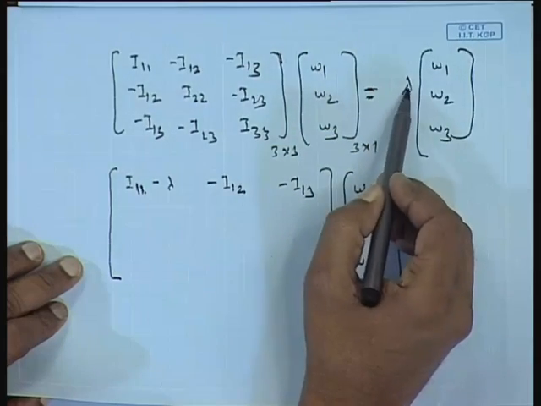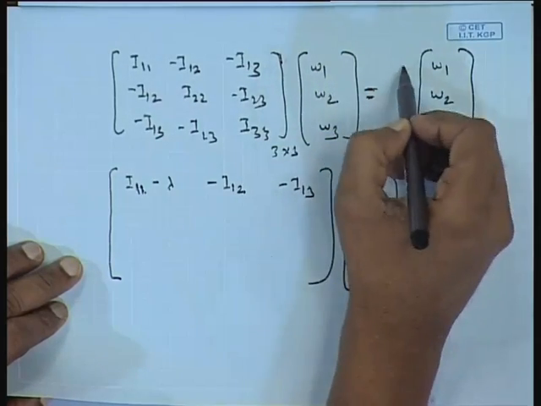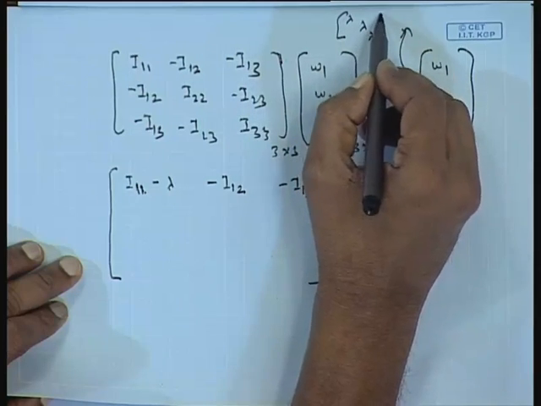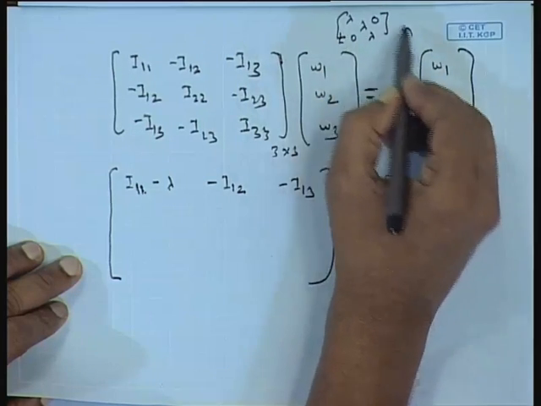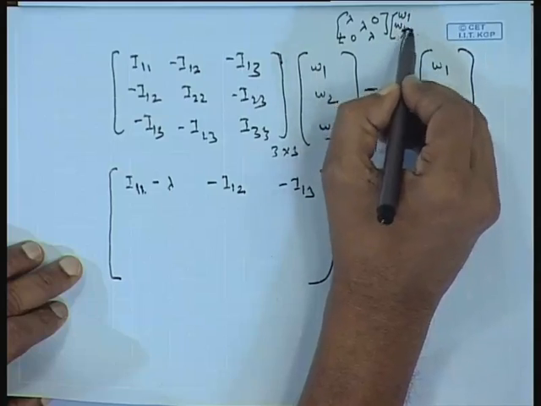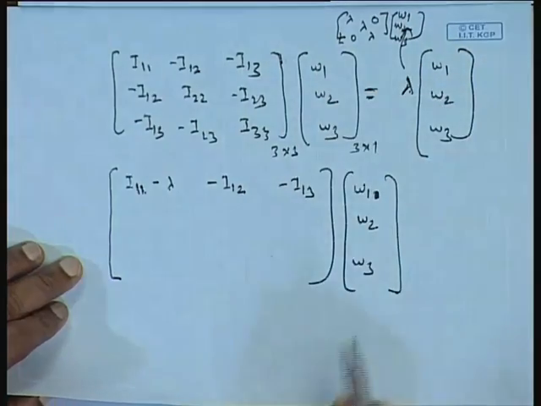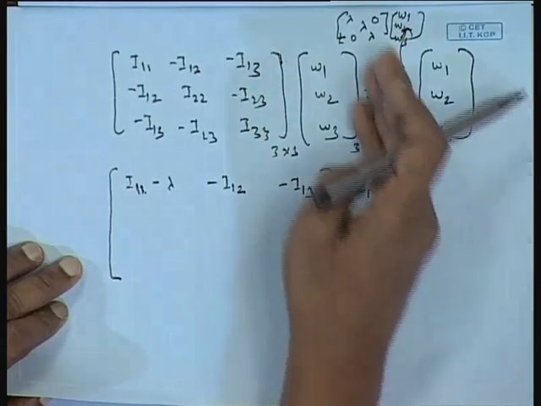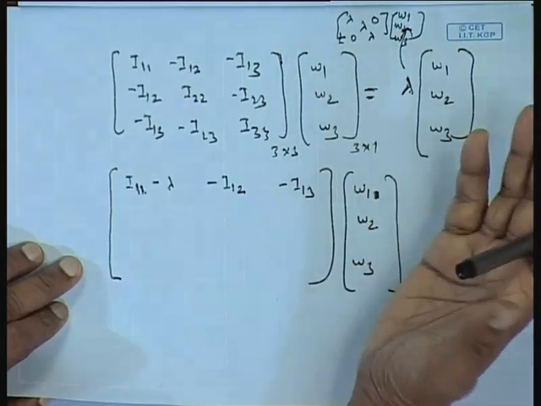So this is a vector and this also is a vector, and therefore you can subtract. What you need to do is put this in the form of a matrix, lambda, lambda, lambda on the diagonal with the other terms being 0, multiplied by omega 1, omega 2, omega 3, and then subtract on this side. Basically you are multiplying with the identity matrix, so you change nothing.